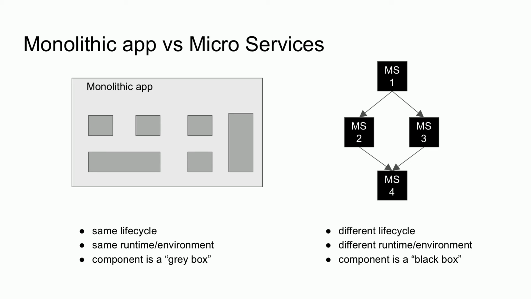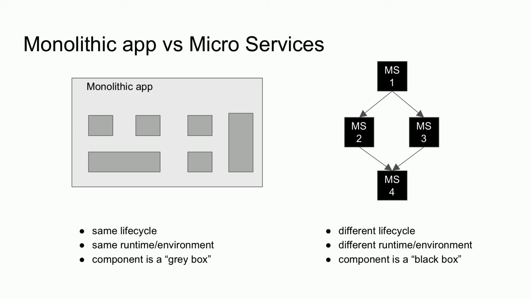They also share runtime or environment, so they are homogeneous in terms of infrastructure. And they are somewhat gray box. We have more possibilities to see the internal structure of the component and hack it a little bit in terms of testing. We can mock interactions with other components easier.